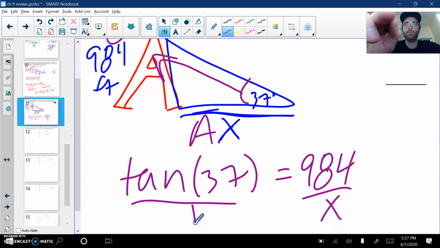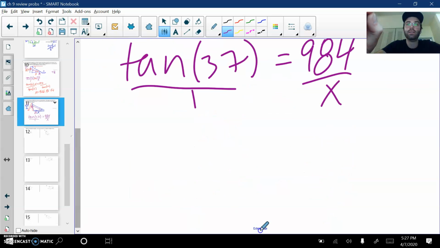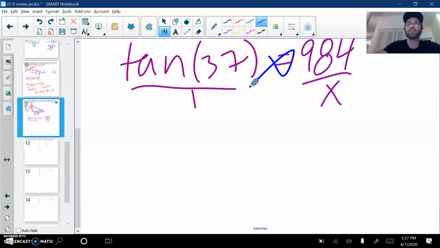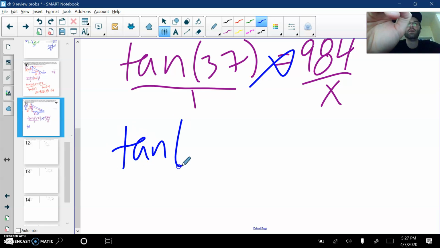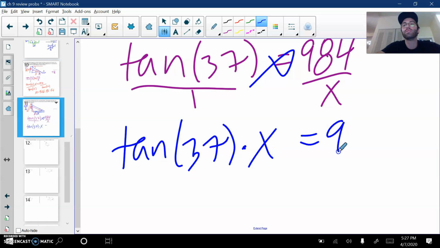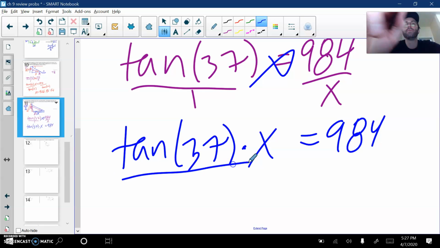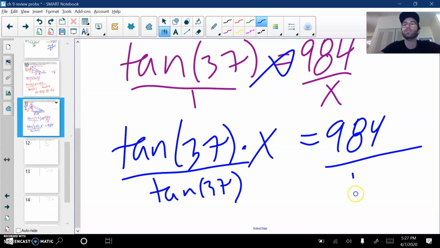X is in the denominator, so I'm going to have to divide. Hopefully that's burned into your memory. I've said it so many times. Denominator divide. Tan of 37 times X equals 984, divided by the tangent of 37. Holy buckets, I'm having so much fun.